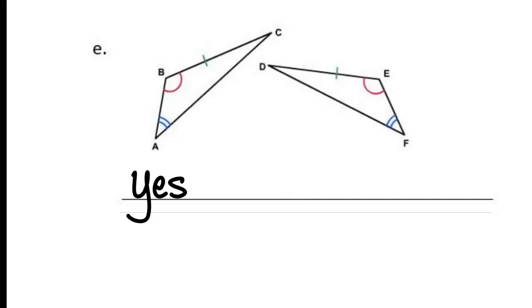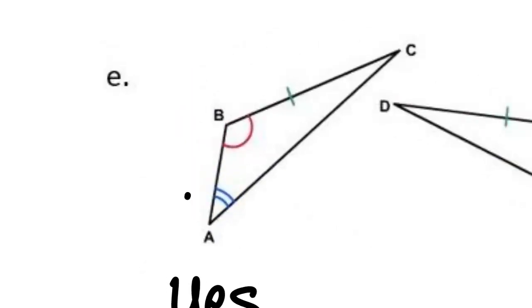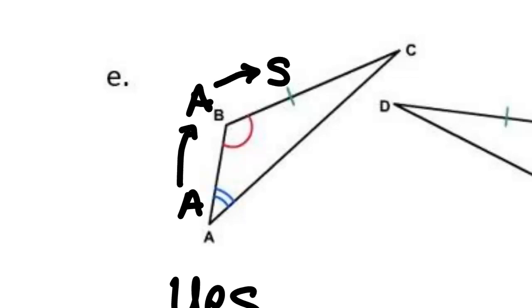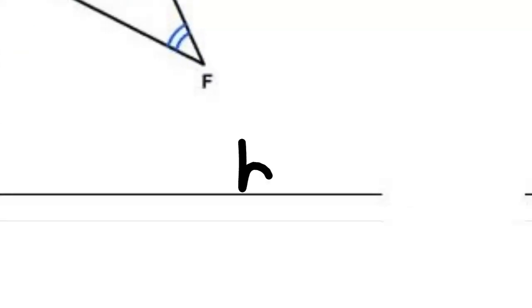Side, side, side, side, angle, angle, angle, angle, side, or hypotenuse leg? Angle, angle, side. A, and then here's my side. So angle, angle, side. You can do that as side, angle, angle. The order that you write it down in does not matter. Angle, angle, side is exactly the same thing as side, angle, angle.